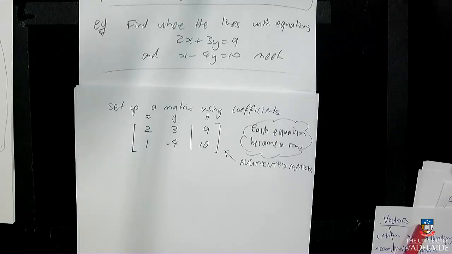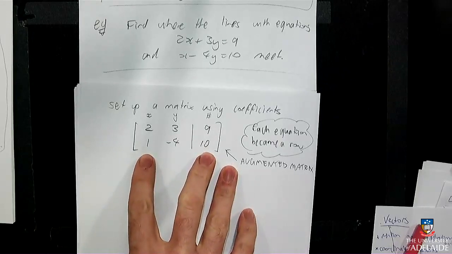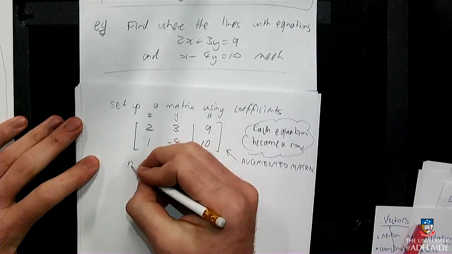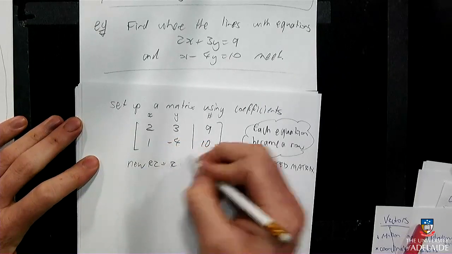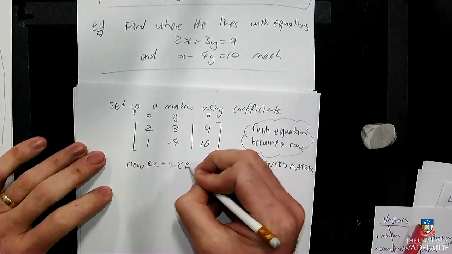So what did I do last time? I multiplied this one by 2 so that I could subtract it. And I might do that. My new row 2 is minus 2 of row 2.